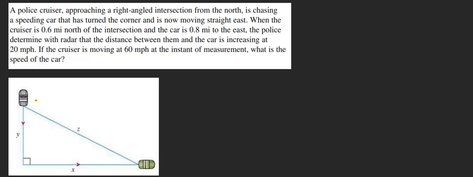So here's a police cruiser going downwards from north, and here's a speeding car, which just turned the corner and is heading east.